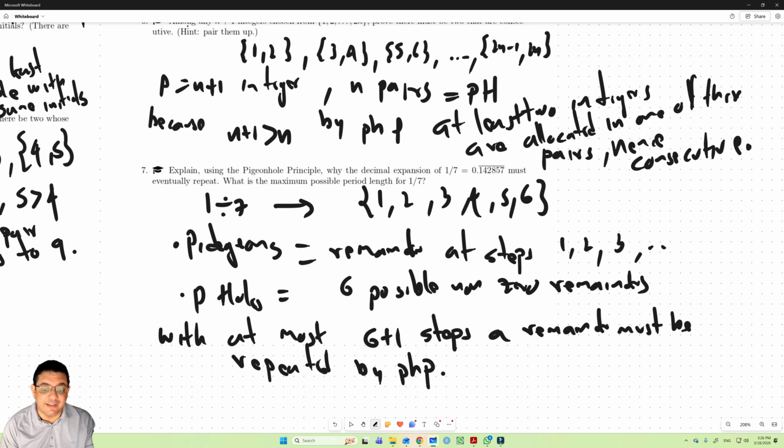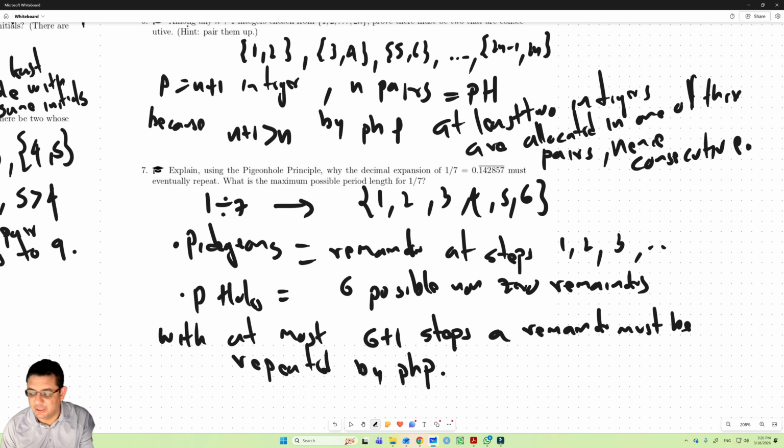Sorry, at 6 plus 1 pigeons, which are the steps, the number is going to be bigger than the number of pigeonholes. So at that point, we're going to start repeating the remainders. Once a remainder repeats, the digit pattern from that point onwards is going to repeat as well.